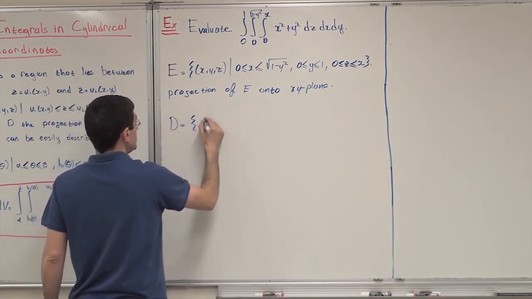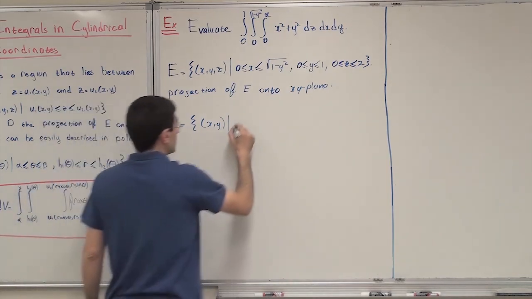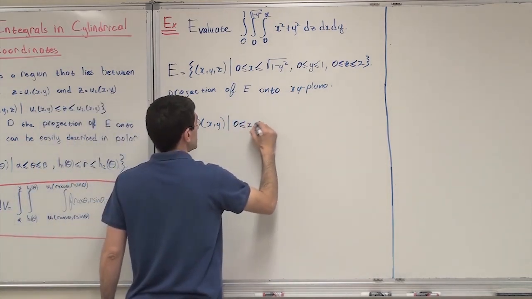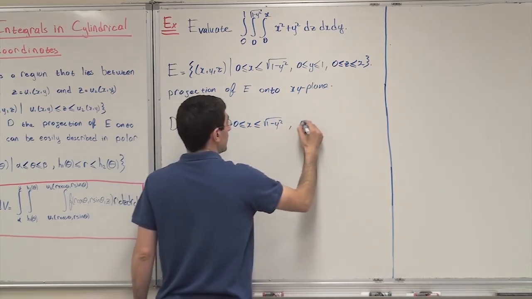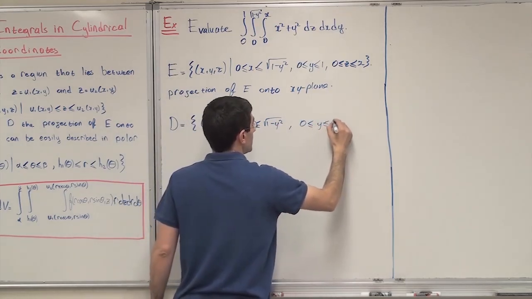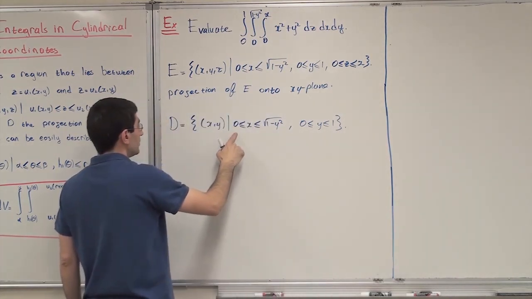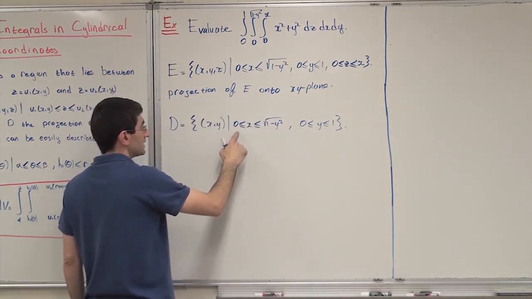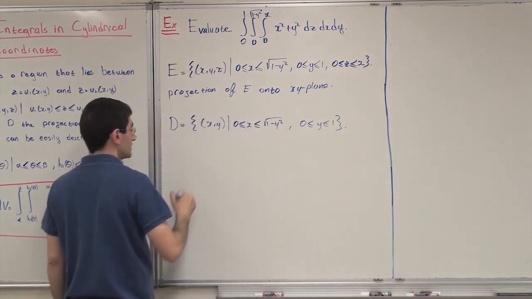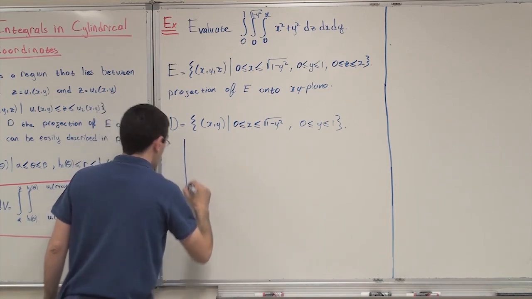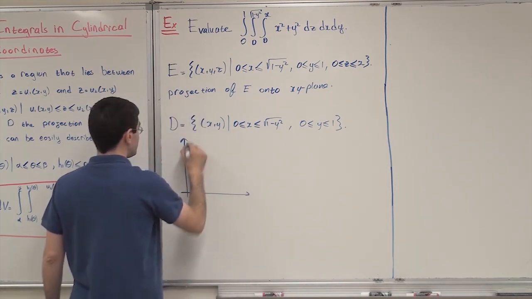Let's call it D. It's going to be the collection of points (x, y), where x is between 0 and root 1 minus y squared, and y is between 0 and 1. The first thing I observe in this description of the projection is that all y's and all x's are positive. This means our projection is in the first quadrant.